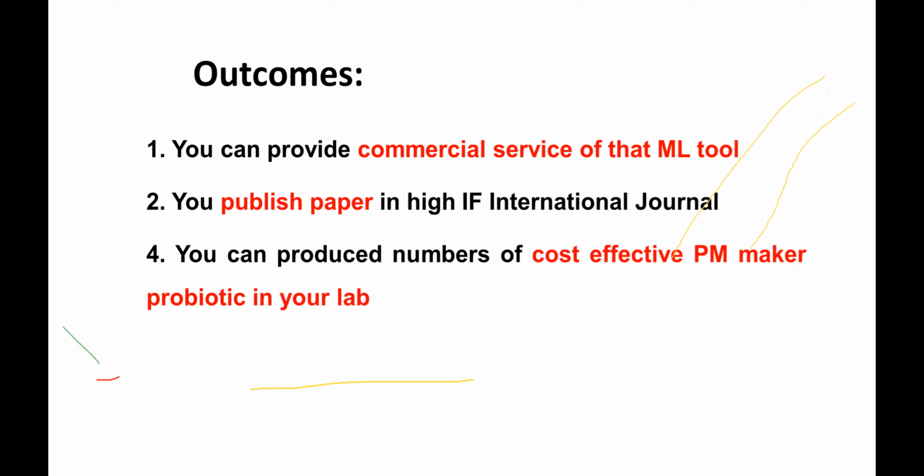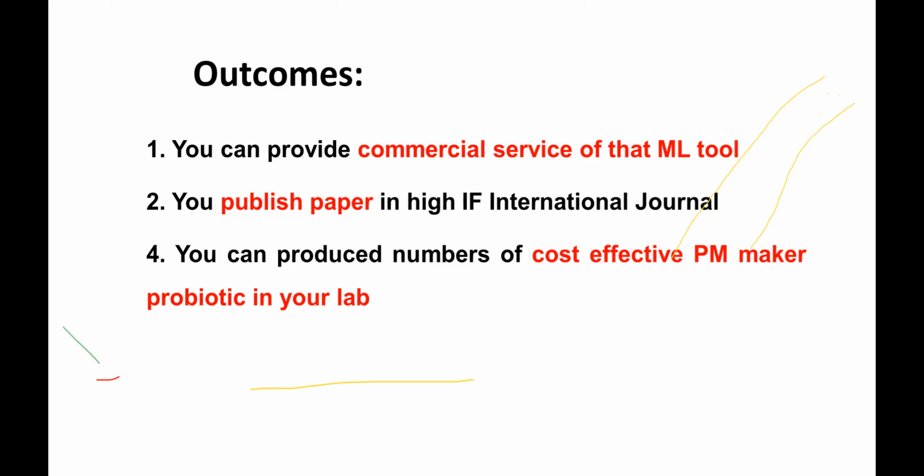On the other hand, if your working area is human microbiology, you can build prediction and diagnostic tools to control colon cancer, breast cancer, and gastrointestinal cancer by taking the unique genes from the human or animal gut. You can prepare cost effective and very safe products to control cancer as well.